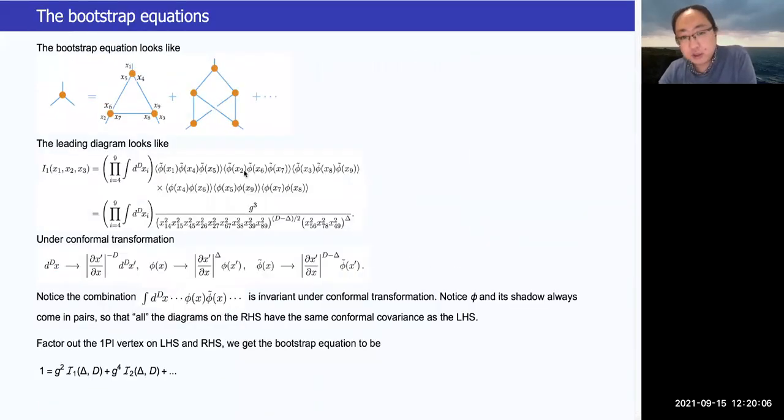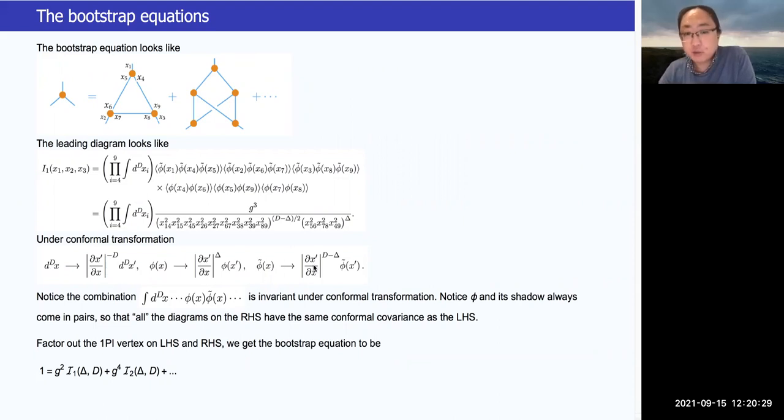So we are doing this kind of integral here. I should say, under conformal transformation, the measure transforms in this way, with a power of -d. The field itself transforms in this form with a power of delta.